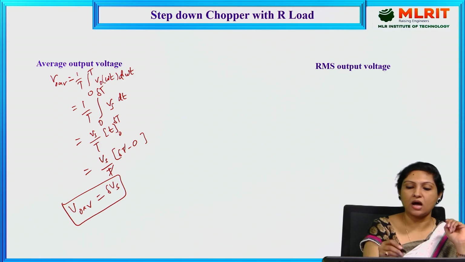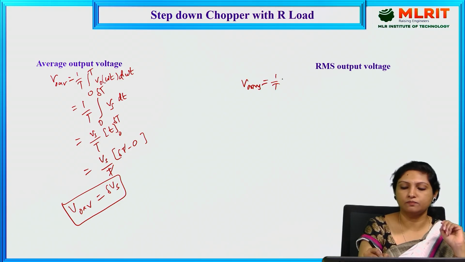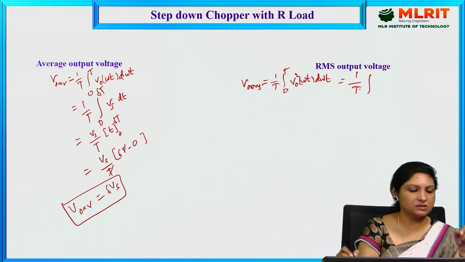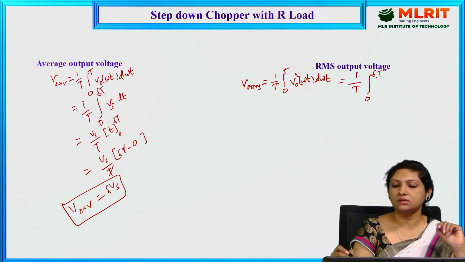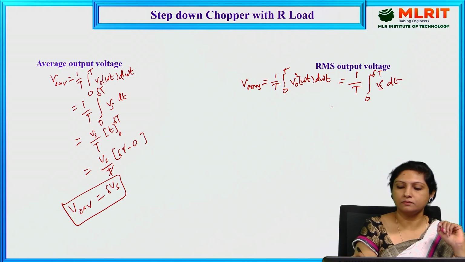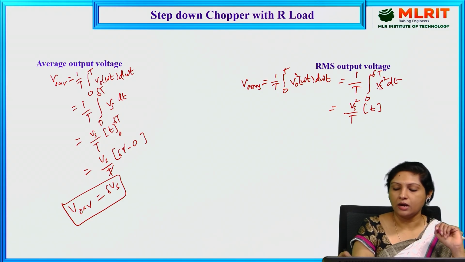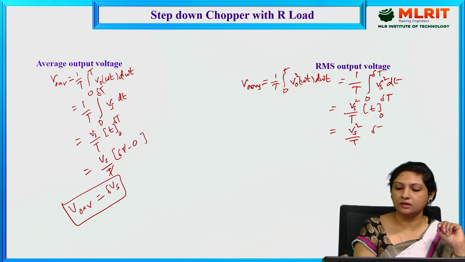Similarly, to derive the V0 RMS expression, we have the general formula: 1 by T, integral from 0 to T of V0 squared of omega T d omega T, where the limits are the same, 0 to delta T, during which the output voltage has magnitude Vs. Bringing out the constant, Vs squared by T, integrating and substituting the limits, Vs squared by T, delta T minus 0.